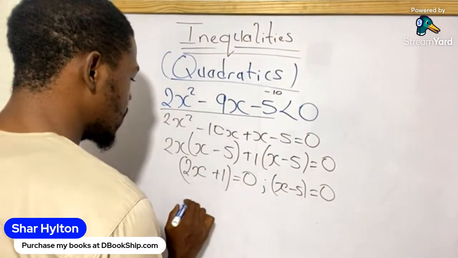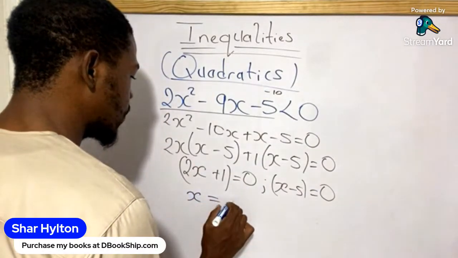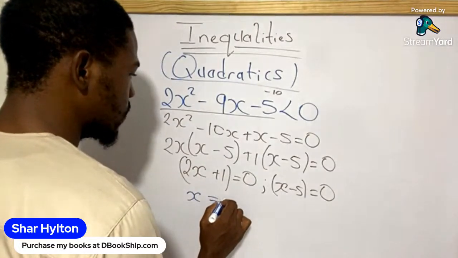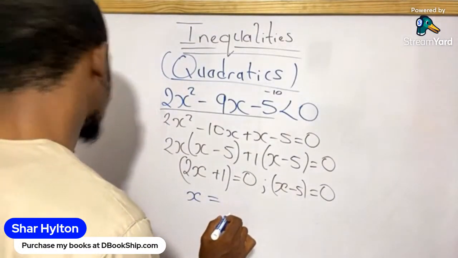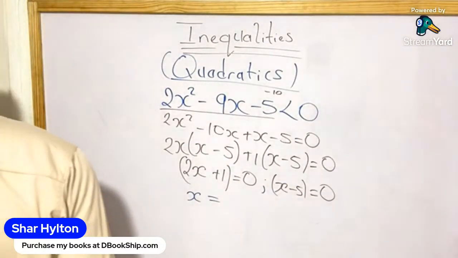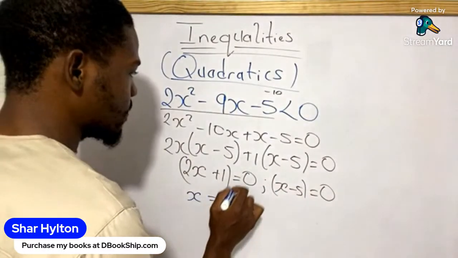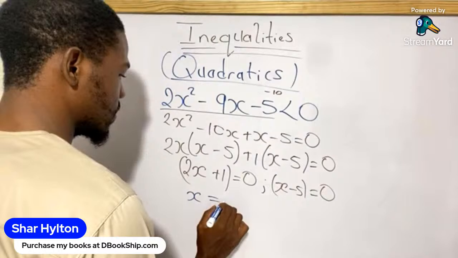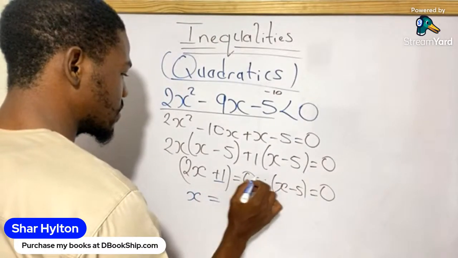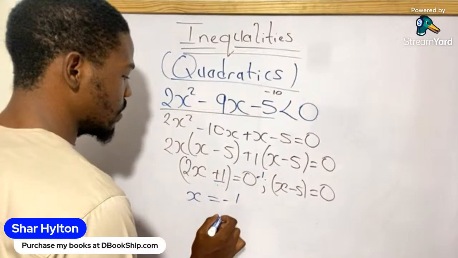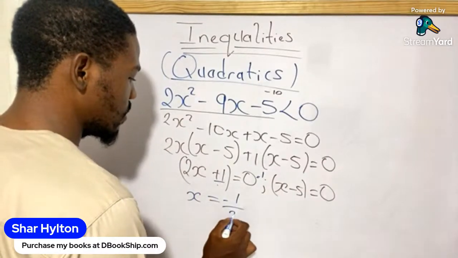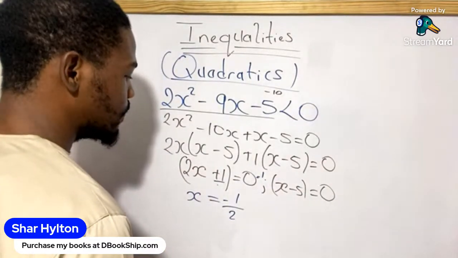So here we can see that x is going to equal negative. When I bring this over, it's going to be a negative 1, and this 2 is going to be over 2.